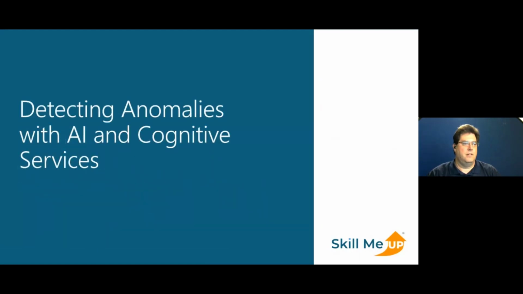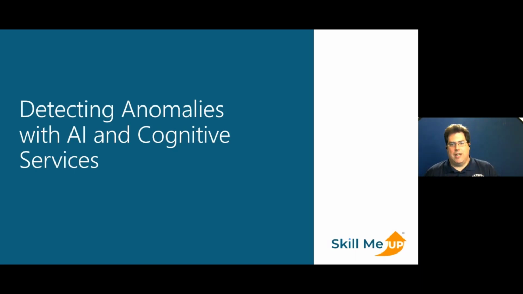Next, Dwayne, maybe you can tell us how Sentinel detects those anomalies with the use of AI and cognitive services. Yes, that is one of the powerful parts of Azure Sentinel.